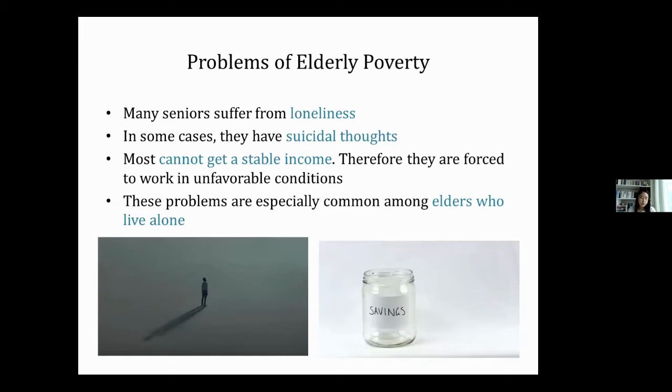Most of these citizens resort to working in unstable and unfavorable conditions with a little amount of income. Moreover, many senior citizens are suffering from depression and mental or emotional problems. In extreme cases, some of them even contemplate suicide. All of these problems are generally more severe for seniors who live alone.